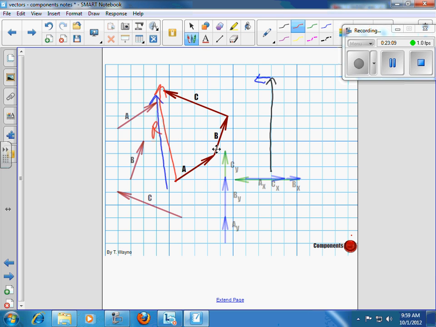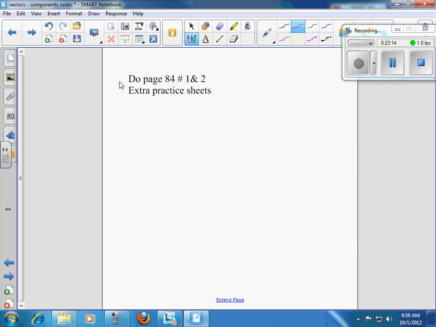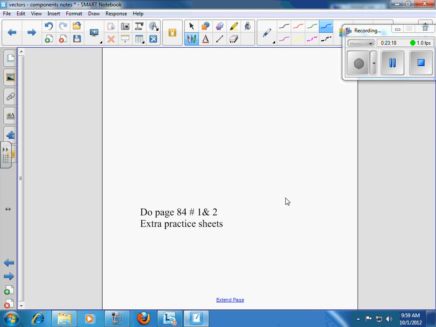Okay, so what are the steps? What are the steps? You might want to write down the steps. Break the vectors down into components, right?